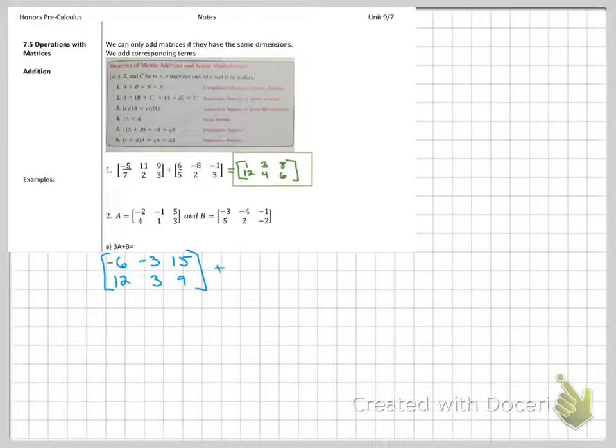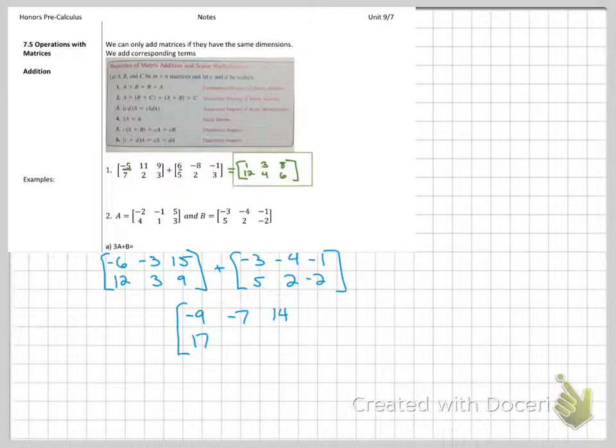But if I was doing 3 times A and then adding B, maybe I have to show this, maybe I don't have to show this. Either way, it's your final answer that we're grading. Do the math. And this is what you should get.